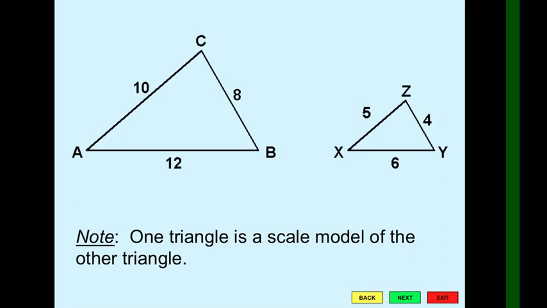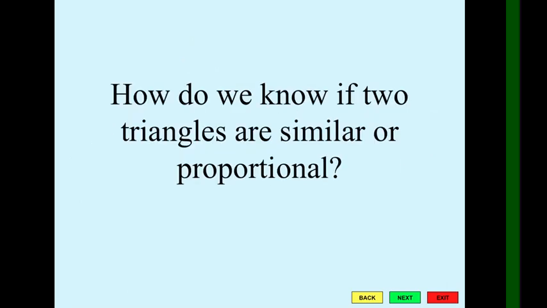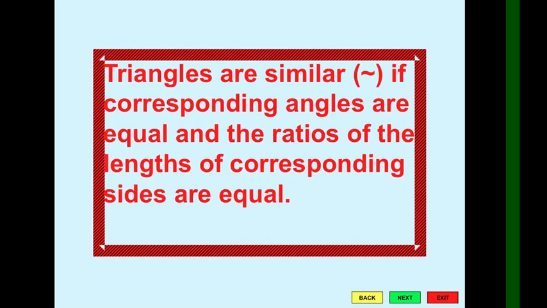Note one triangle is a scale model of the other triangle. So, scale model siya. Parang replica pero mas pinaliit na model. Okay. How do we know if two triangles are similar or proportional? Triangles are similar if corresponding angles are equal and the ratios of the lengths of the corresponding sides are equal.